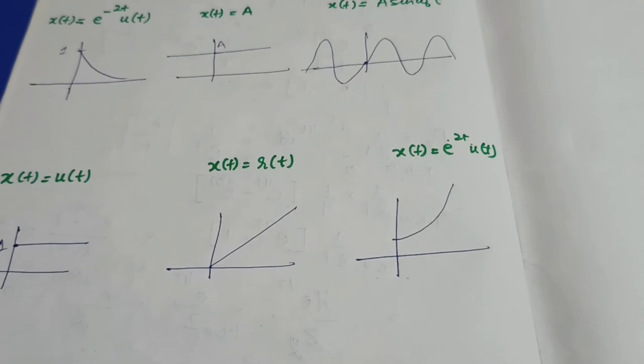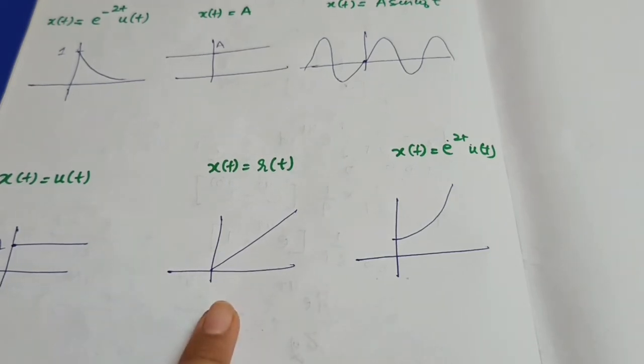So let's discuss first neither energy nor power signals. These types of signals are unbounded signals. All the unbounded signals will fall in the category of neither energy nor power signals. So from these 6 signals, let's identify the neither energy nor power signals. Decreasing exponential is bounded, right? Here we can say that the ramp signal's value goes to infinity, right?